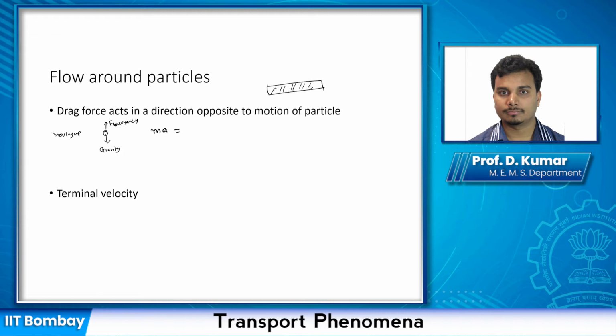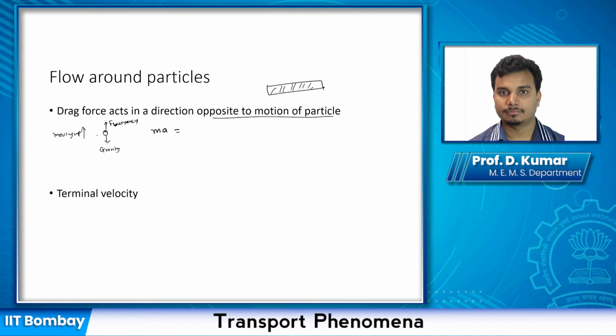And that some term has to be associated with friction factor. We call it drag, and the drag acts in a direction opposite to the motion of the particle. Typically, there are cases where it can have the same direction as well, but for a symmetric particle, if it's not rotating, etc., in this discussion we can assume that it acts in the direction opposite to motion of the particle.